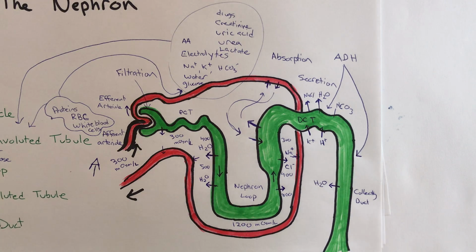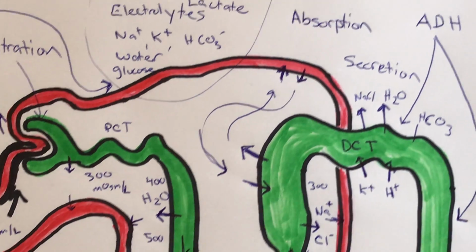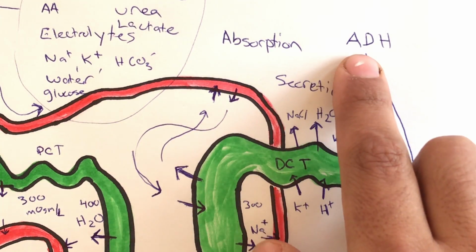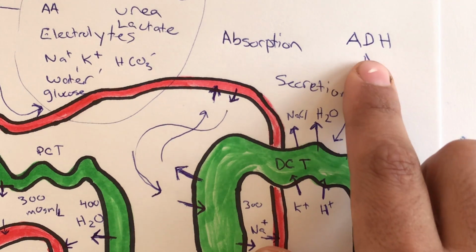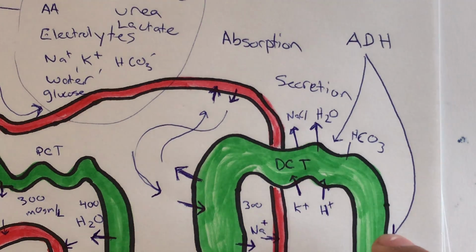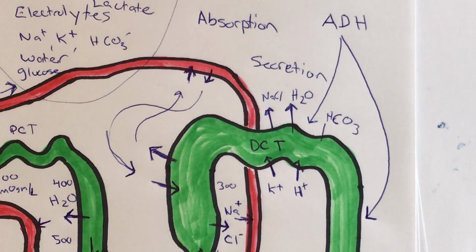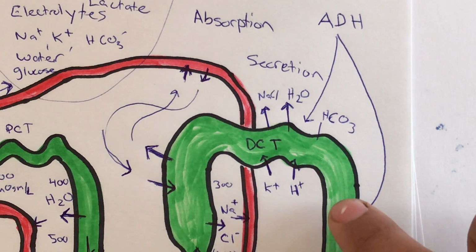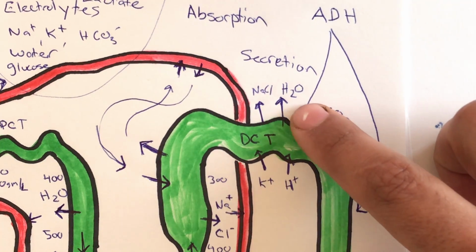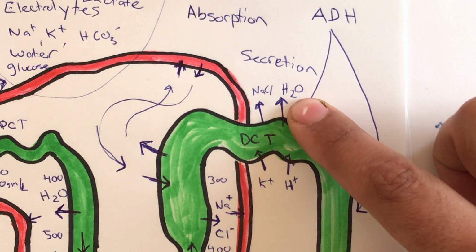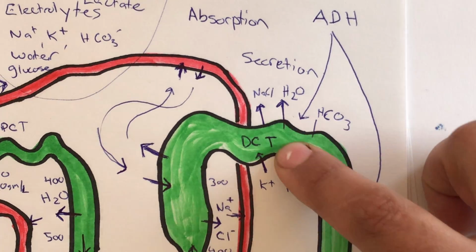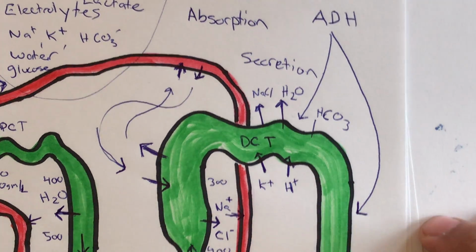Anti meaning to stop, diuretic meaning to urinate, hormone. This hormone allows us to retain that extra water that could just stay in the DCT and the collecting duct.